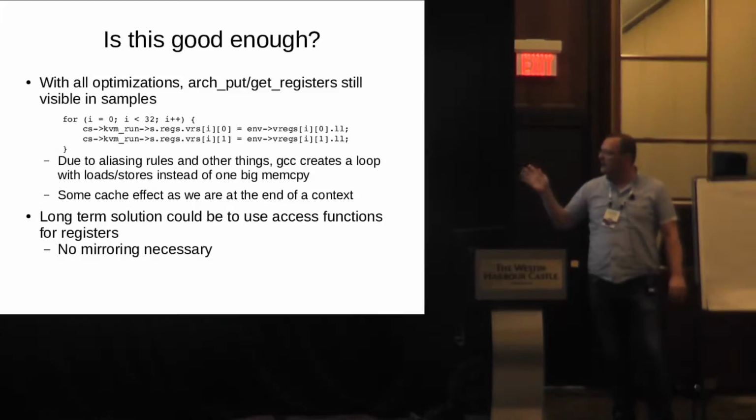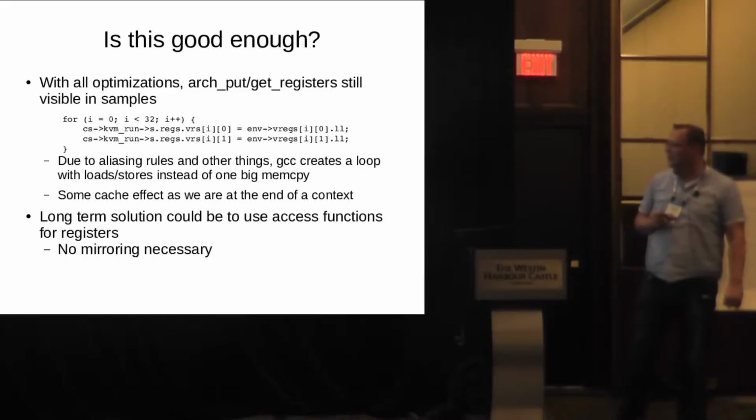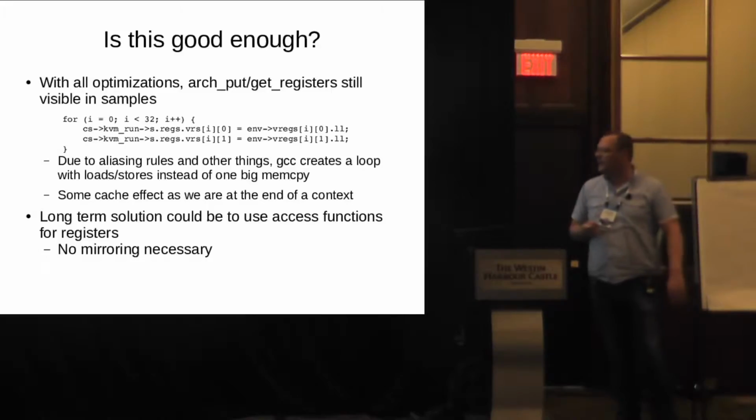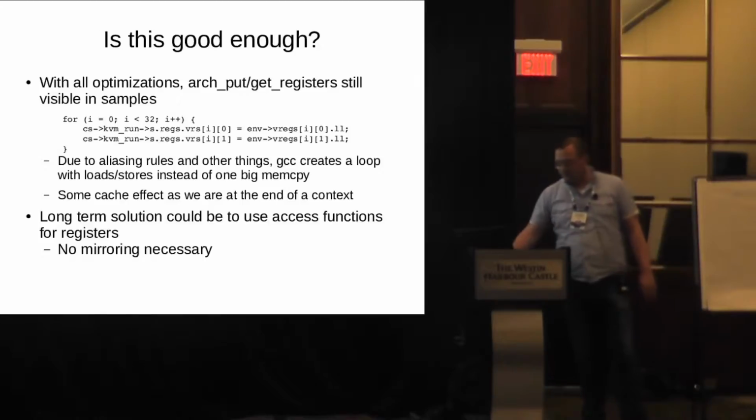And due to alias rules and other things, GCC creates a loop with stores and loads instead of one big mem copy. And of course, there are some cache effects. We had the context switch and so on. So this is not totally cheap. So the long-term solution might be just to have access functions for registers.